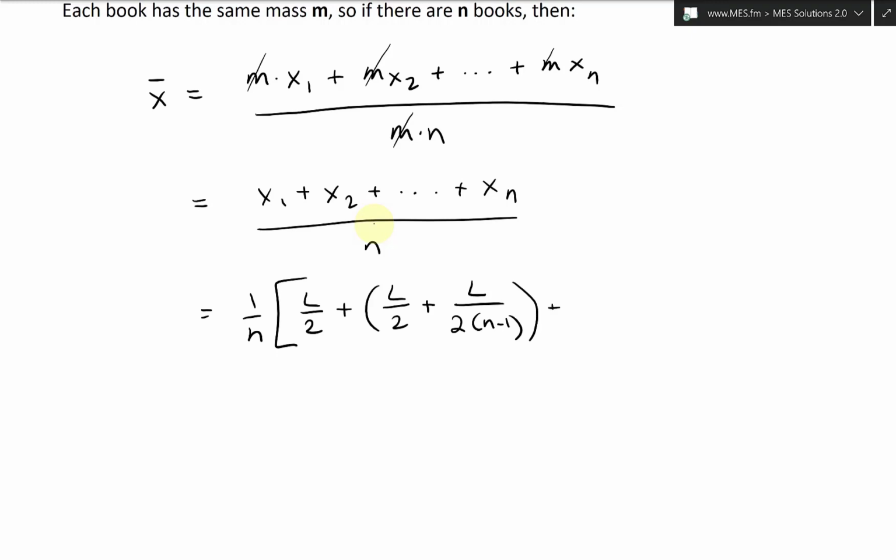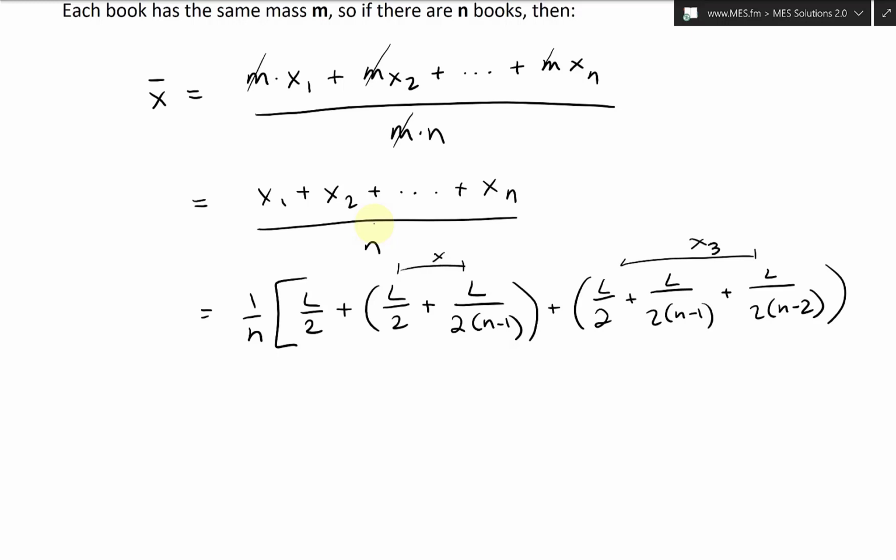The next one, just for completeness, is L over 2 plus L over 2 minus 1 plus L over 2 minus 2. So this is our x3, this is our x2, and this is our x1.